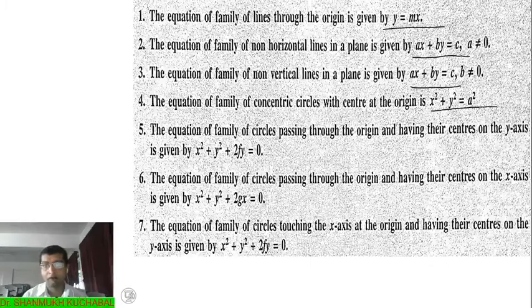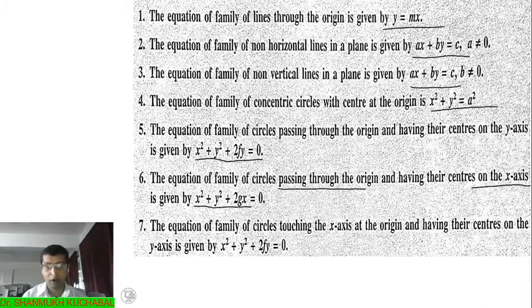The equation of a family of circles passing through the origin having their center on the y-axis is given by x square plus y square plus 2fy equal to 0. The equation of a family of circles passing through the origin and the center on the x-axis is given by x square plus y square plus 2gx equal to 0.